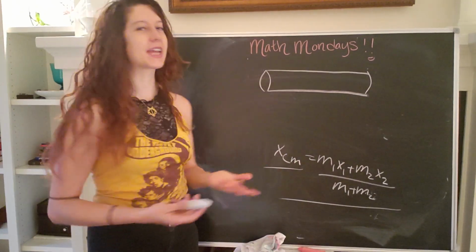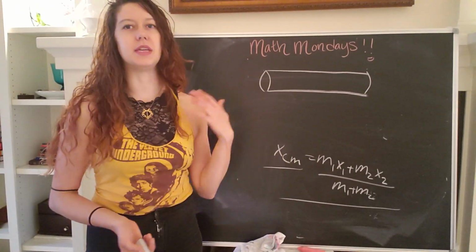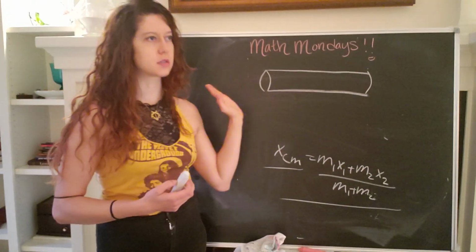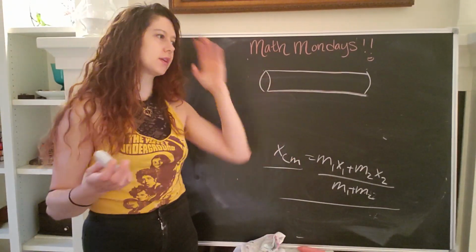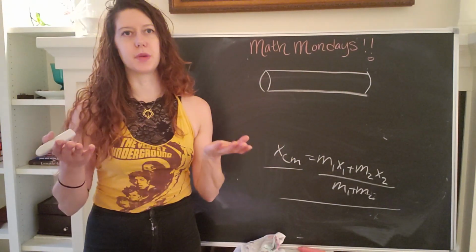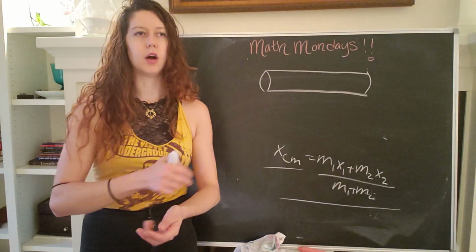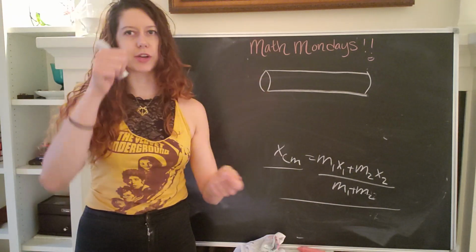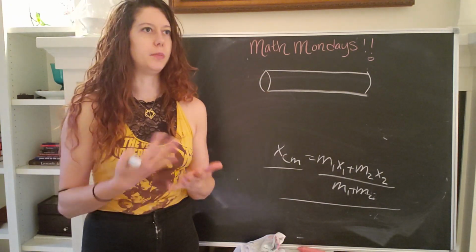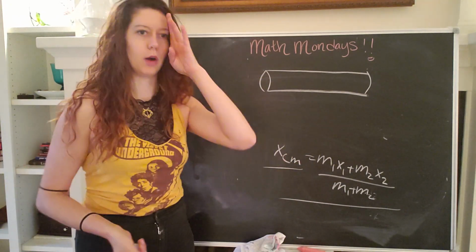And so in this case, we are going to assume that the mass of this bar is distributed evenly. Basically, that when you pick up the bar, you could flip it over, you could hold it in either direction, and the weight of it would be kind of uniform throughout.